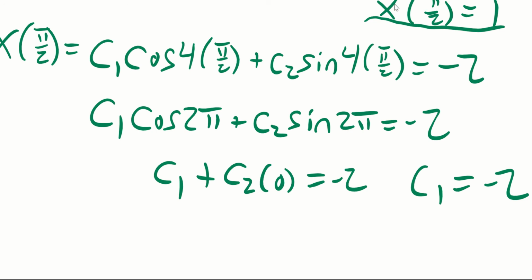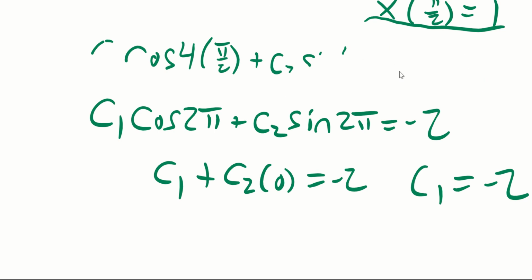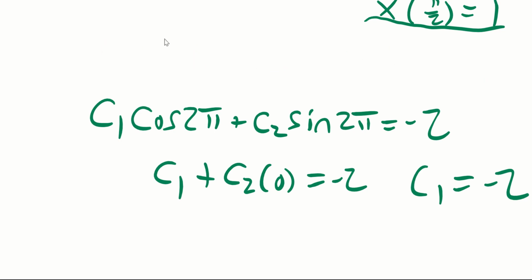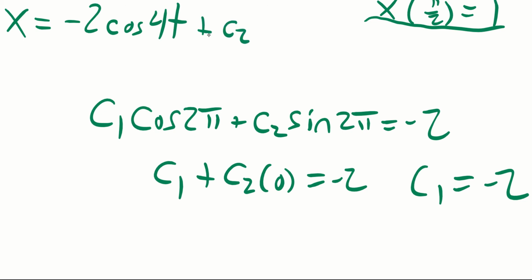We also need to find c2, and we can do that with the second condition. Now that I know the value for c1, I can plug it in to be a little more explicit. So right now we know that x equals -2 cosine of 4t plus c2 sine of 4t. Let's take the derivative. x prime is going to be equal to, here you're going to have to use the chain rule.